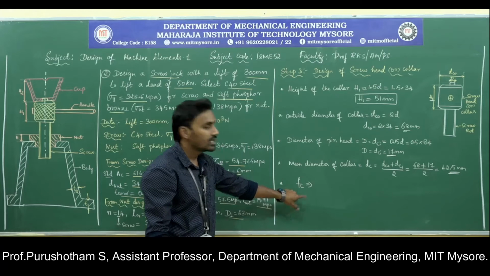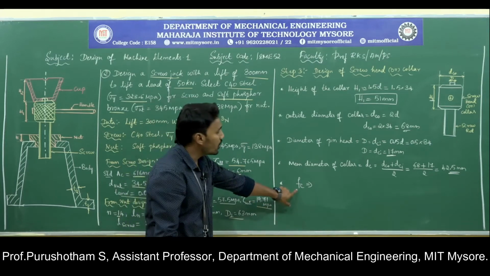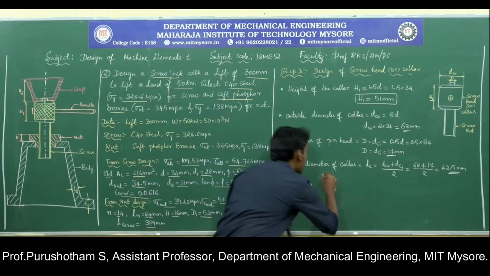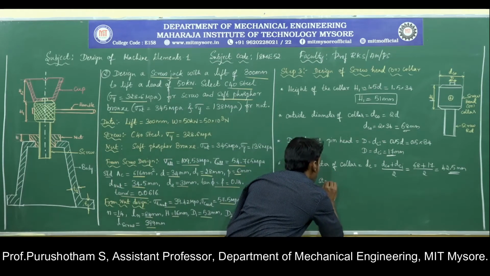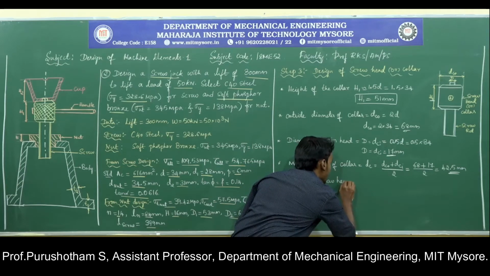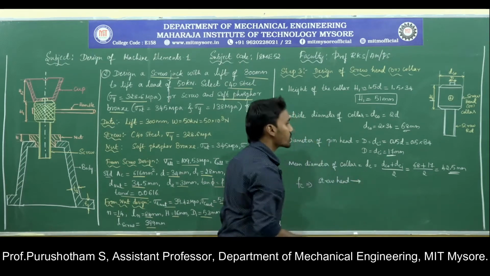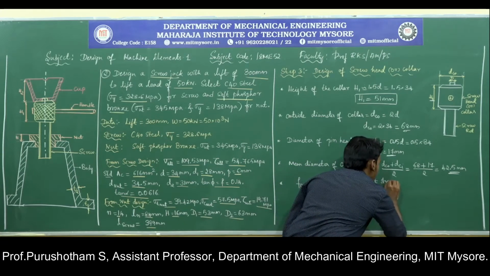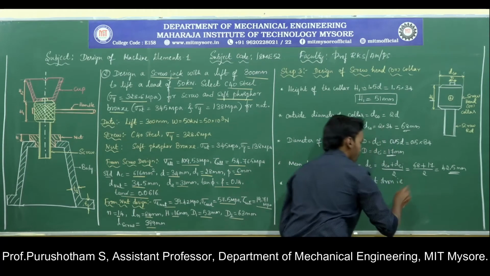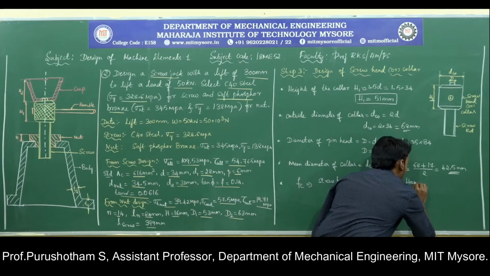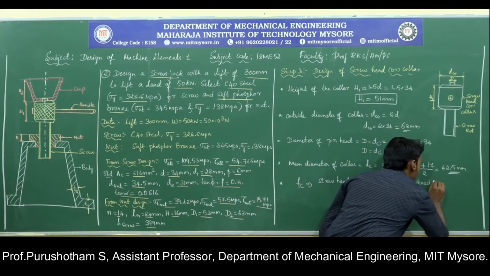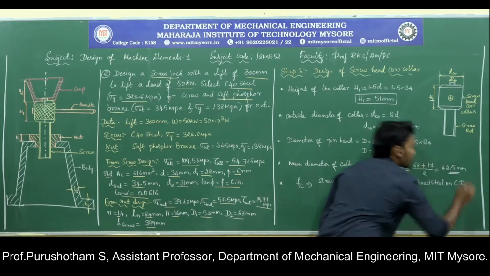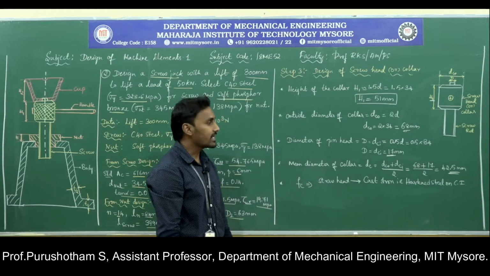If this value is not mentioned, then we need to take the collar or screw head material as hardened steel on cast iron.